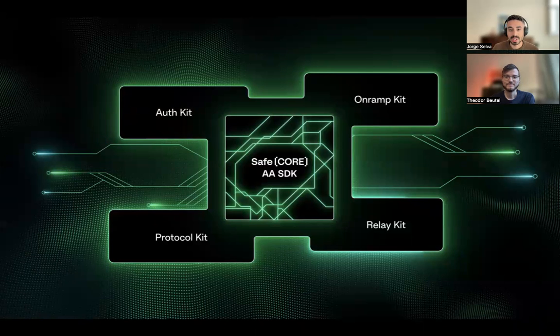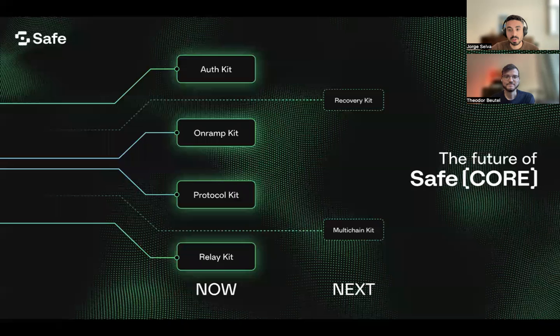As I mentioned, at launch, we have a few different kits that are live and readily available right now. We've launched with a few key partners, and ultimately we are building towards a future where we really envision multiple different kits that work in conjunction with each other, that connect really easily and seamlessly.